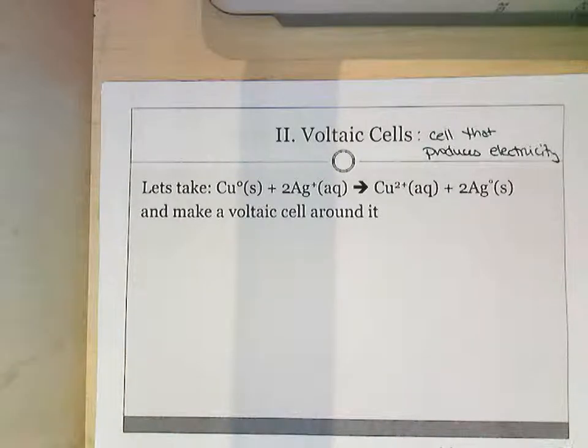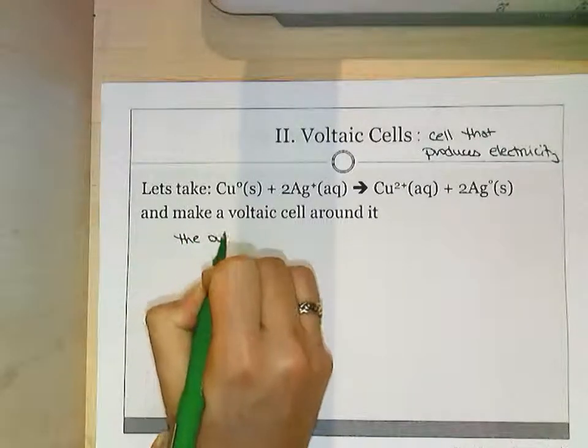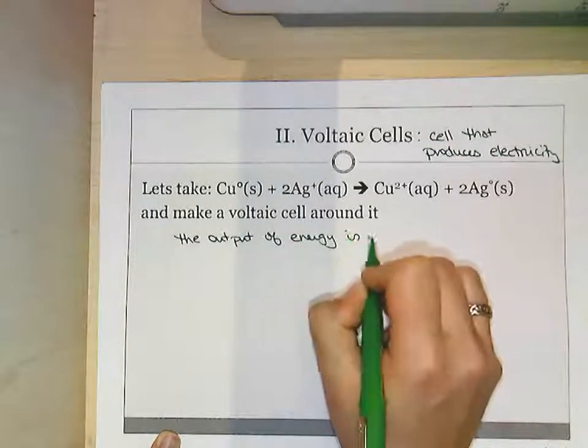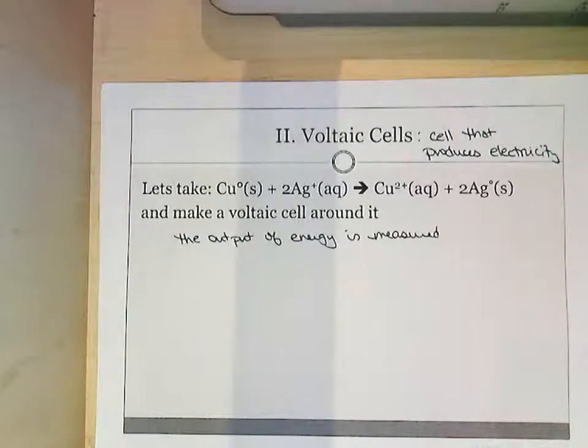So when we think about voltaic cells and this output of energy, what measurement do we use to measure electricity? Volts, right? We're going to talk about volts, which makes sense because we're doing a voltaic cell, which means the electricity is coming out.